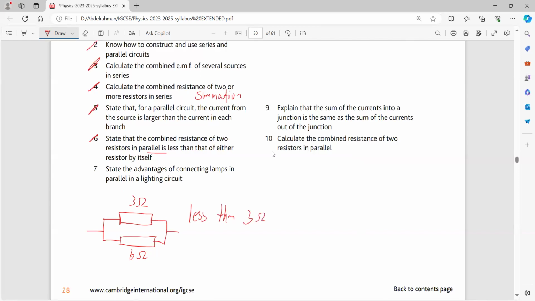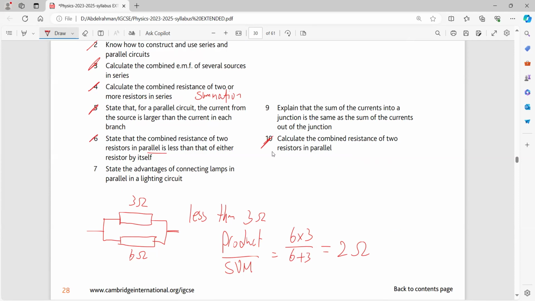We can calculate the combined resistance using product over sum: 6 times 3 over 6 plus 3, which gives a total of 2 ohms. So the combined resistance of these two resistors is 2 ohms, which is definitely less than 3. So we're not wrong.